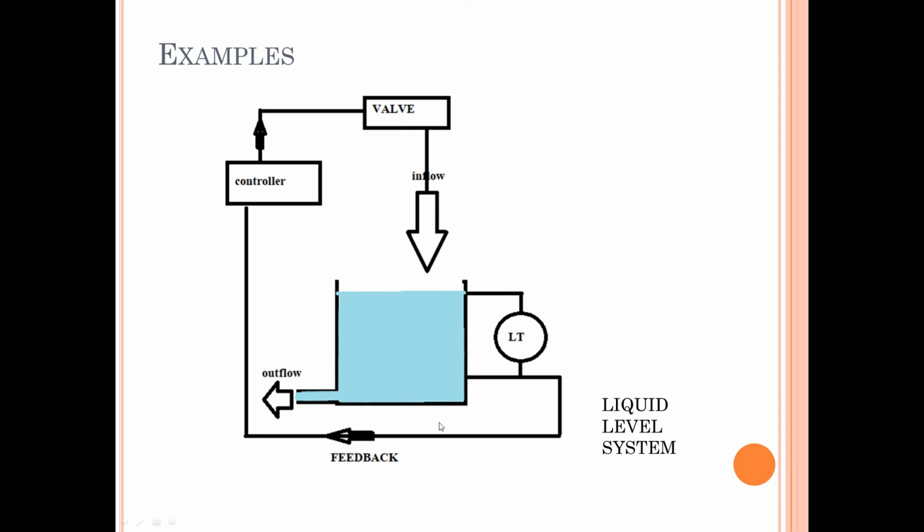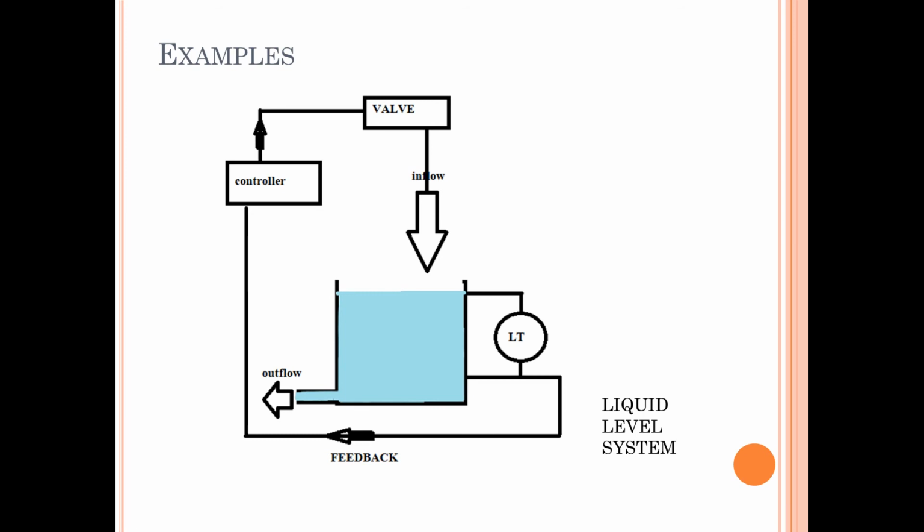That means it should be used as the reference input. The control system requires several elements or components such as sensors and the final control element. Here the sensor is the level transmitter and the actuator, or final control element, is the valve.